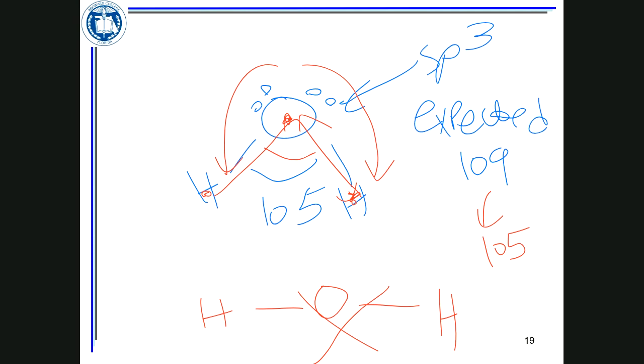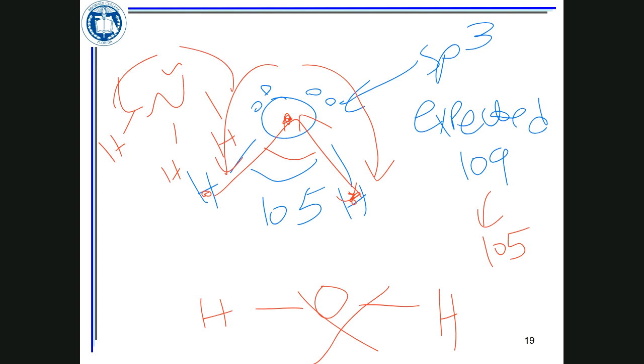As for the actual value, the number will be given to you and you could be asked to justify it, but you don't have to remember the exact number. They might ask, for example, is this going to be 109 or not? Would it be less than 109, more than 109? If it's a multiple choice question, you could consider this a strong repulsion and it would be slightly less than 109.